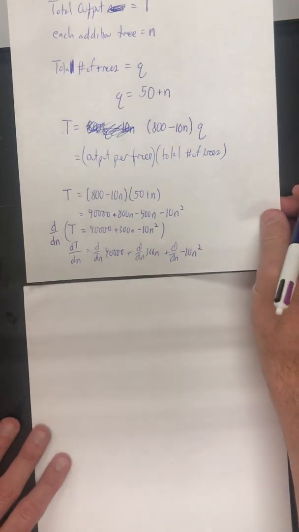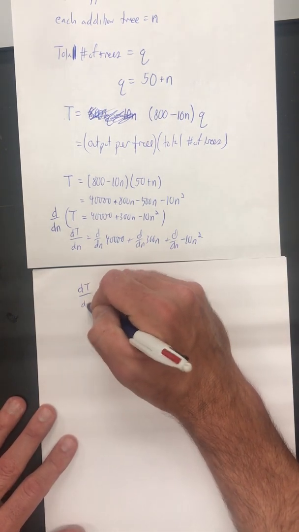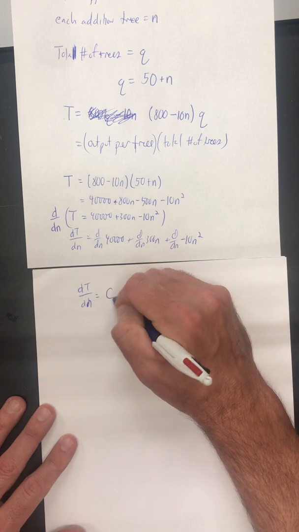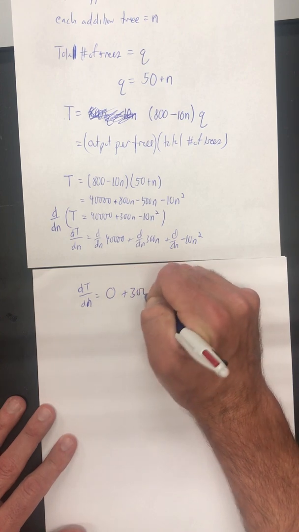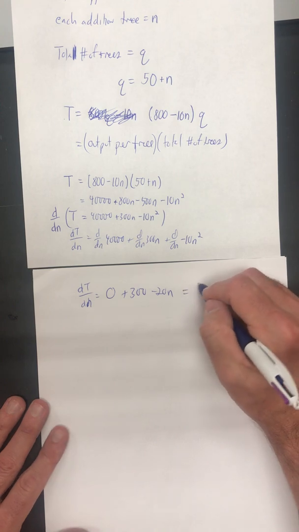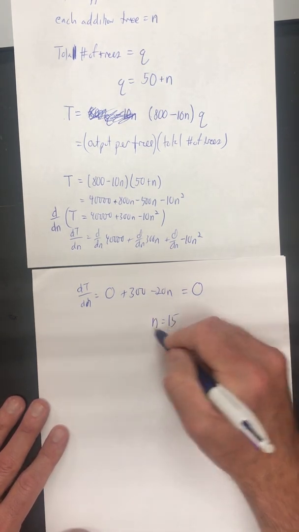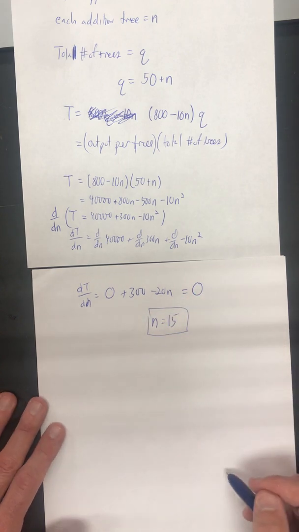Okay, so looking at that, what do I have? I've got dT/dn equals 0 plus 300 minus 20n. And I know I'm going to set my first derivative equal to 0 to get my answer, and that means n is equal to 15. So I would want to put 15 additional trees.